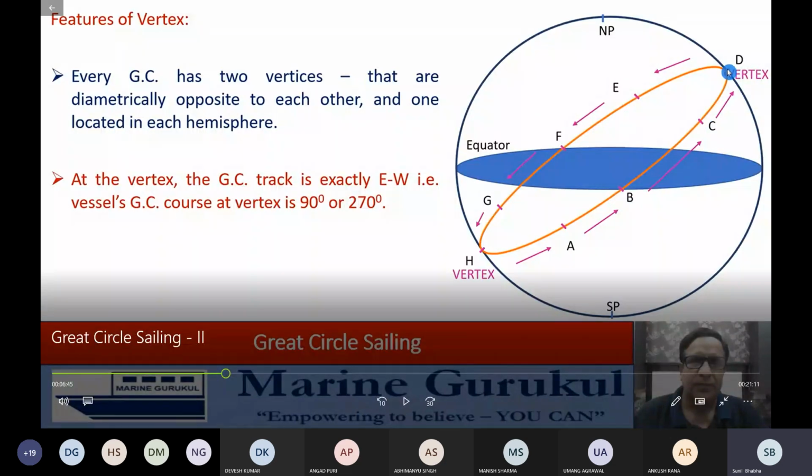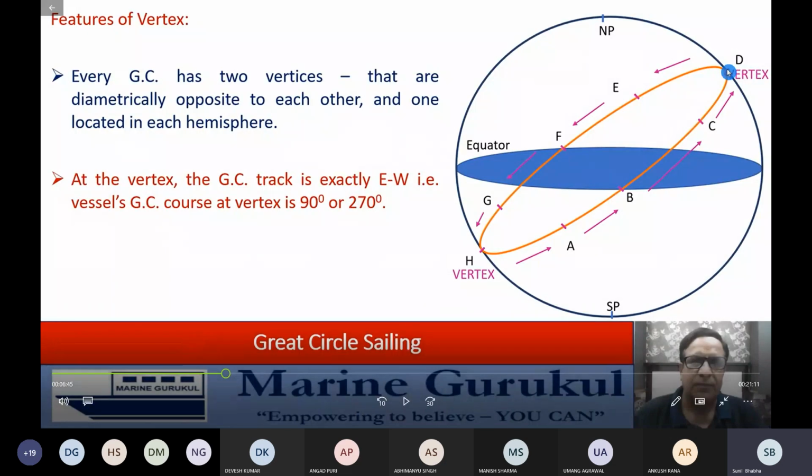And when you reach at the vertex, what will be the course? It will be east 090. Very good, Beta. When you reach at the vertex, the course would be exactly 090.